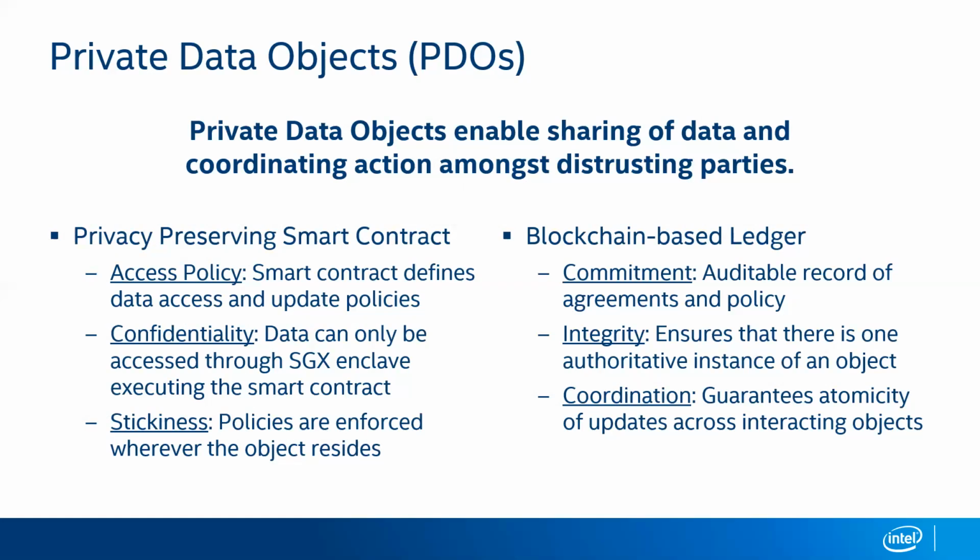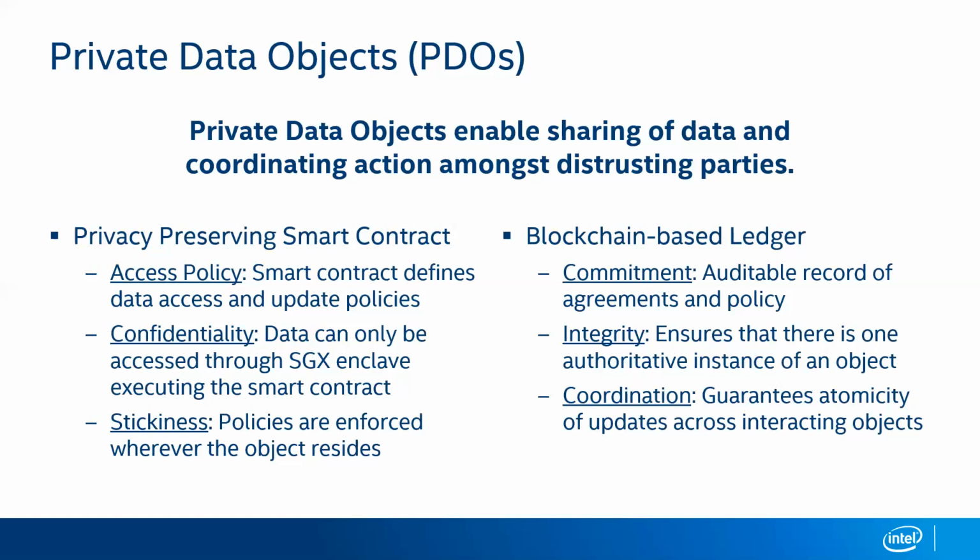The trusted execution environment prevents any other application or individual from looking at the contents of the data. In particular, SGX makes it so that even the owner of the machine can't see what's happening inside the enclave. So it gives us a safe environment where we can execute code on otherwise encrypted data.